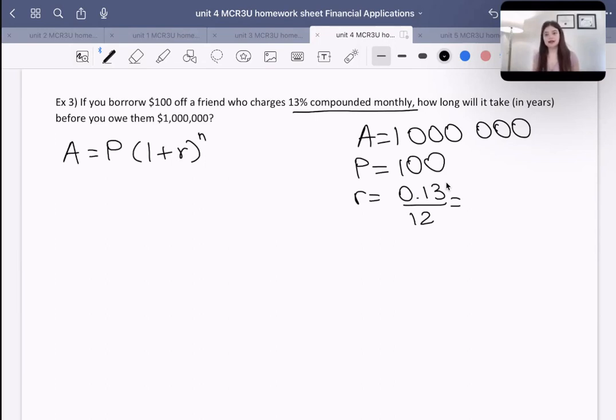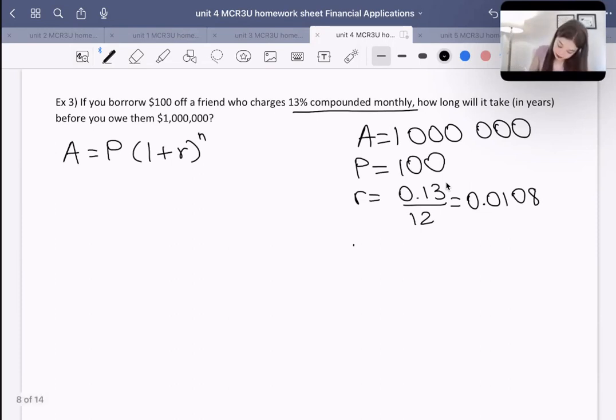No, it means that that's the annual rate, but it's compounded monthly. So it would be 22% divided by 12 in that case to get how much we're going to be multiplying by each month. So let's type that in. 0.13 divided by 12 is 0.0108333, which I'm going to leave off the 333s at the end and just stop it there.